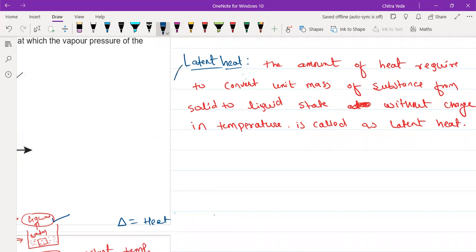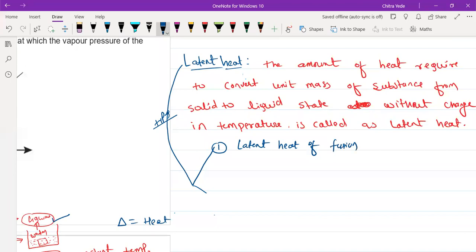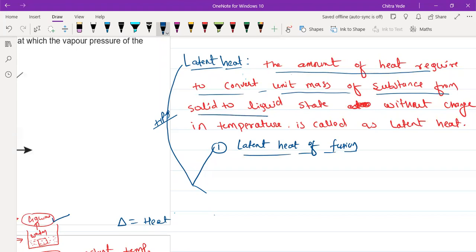Okay. Now types of latent heat. There are two types of latent heat. Actually we have many types, and I will explain that also. First, we have latent heat of fusion. Again, most of the things are the same here. The amount of heat required to convert unit mass of any substance from solid to liquid state.